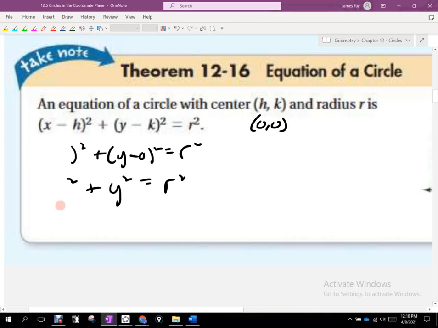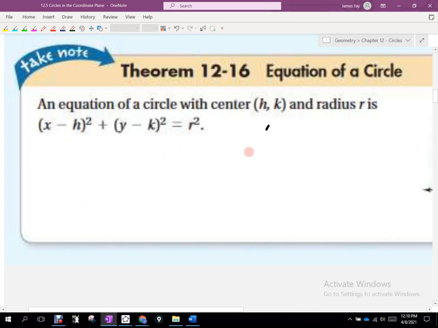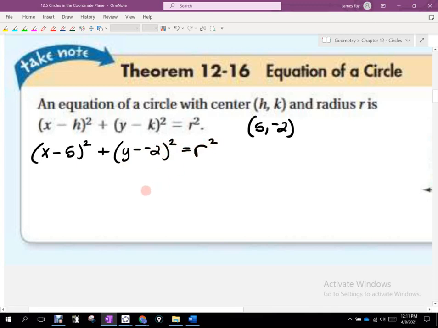If I want to move it around to other positions, let's say I want my center to be at the point 5, comma, -2. 5 is our h value, and -2 is our k value. So we go x minus 5 squared plus y minus -2 squared is equal to r squared.